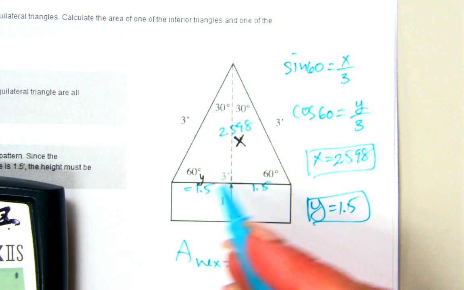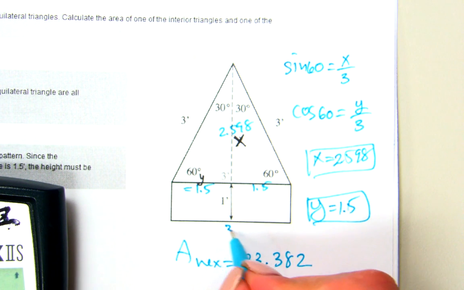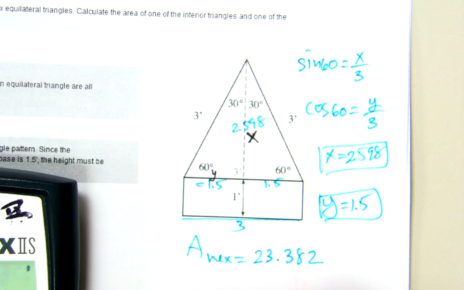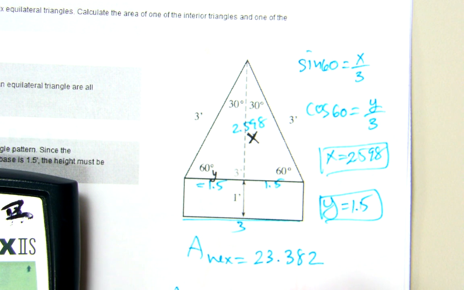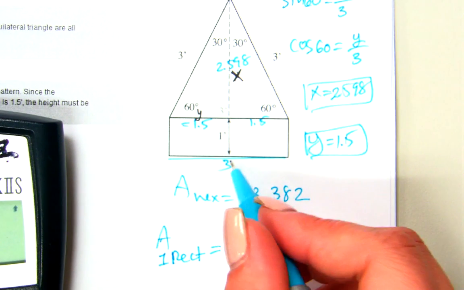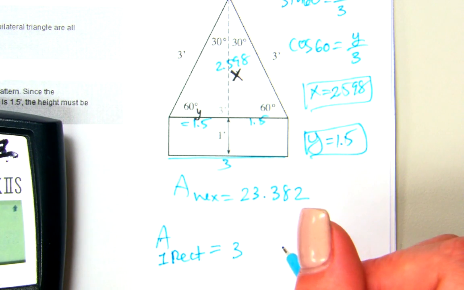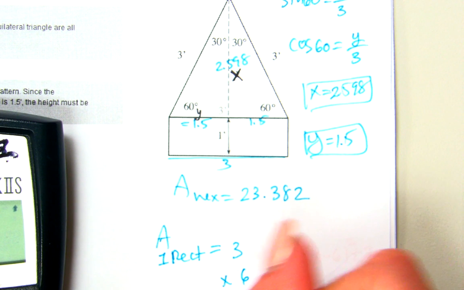And then each of these rectangular pieces, it's 1 inch on top with a base of 3. So the area of one rectangle is 1 times 3, so it's 3. And you have 6 of the rectangle pieces, so times 6.